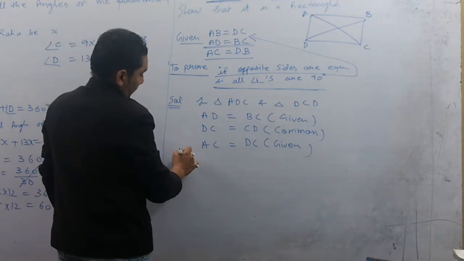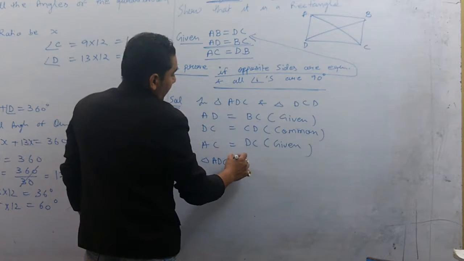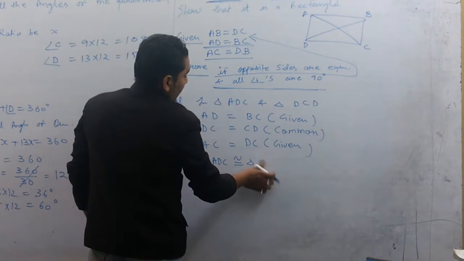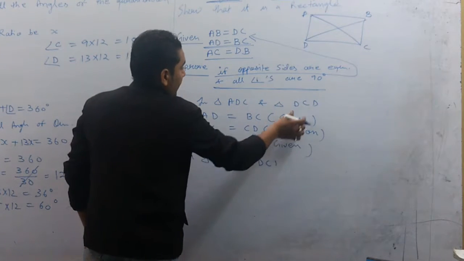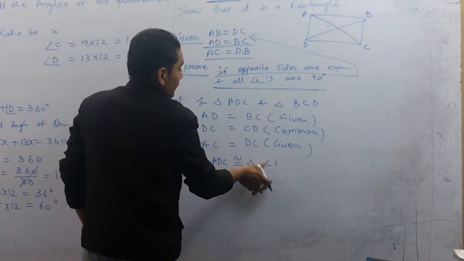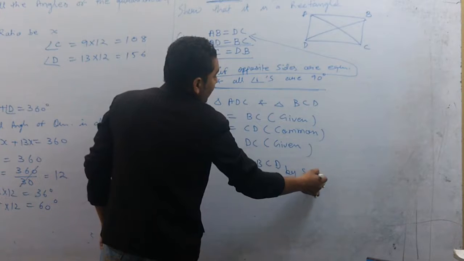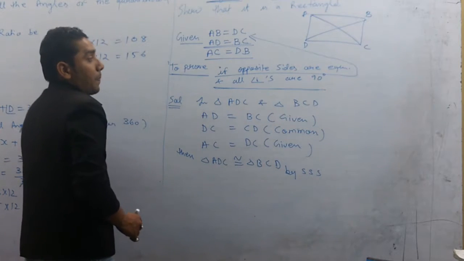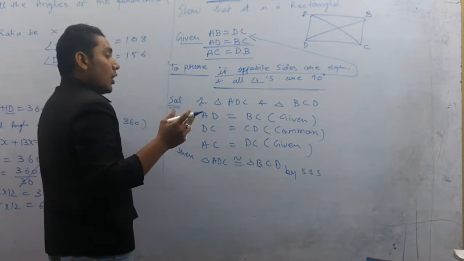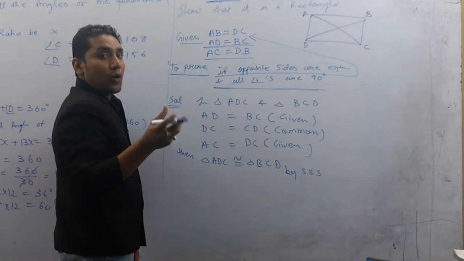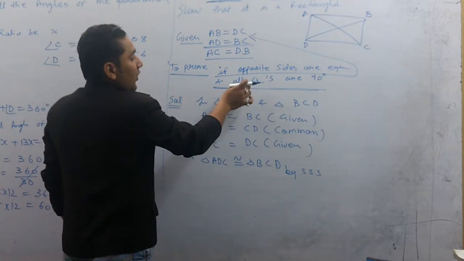Then triangle ADC is congruent to triangle BDC by SSS congruency criteria. If two triangles are congruent, corresponding angles are equal and also corresponding sides are equal, but we need angles to prove angles are equal.